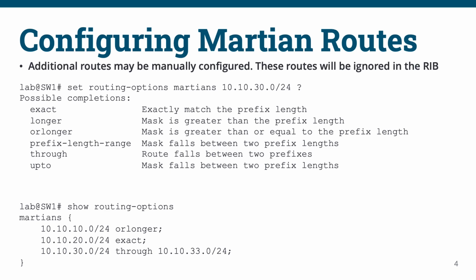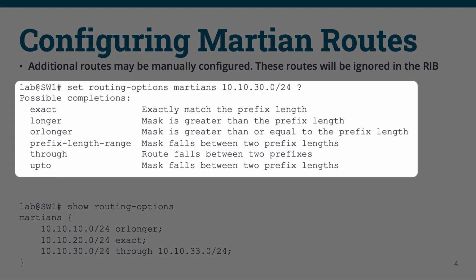Otherwise, though, you largely should not go changing the default Martian address list in Junos, as they're reserved and non-routable for a reason. Martian addresses are configured in the edit routing-options martians configuration hierarchy.